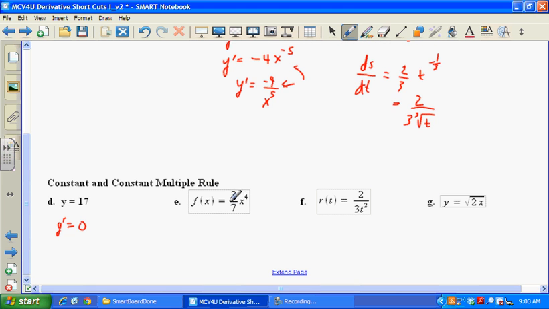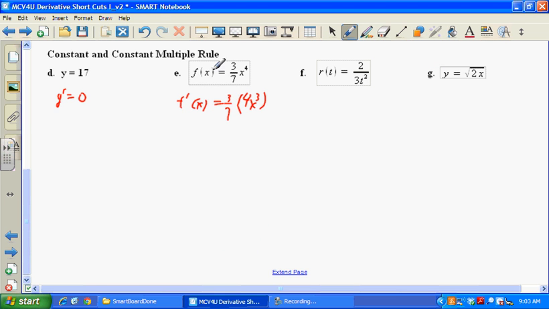Here, when I've got a constant out front, essentially what I can do is think of the constant hanging out front, then take the derivative of the x to the exponent 4. The 4 comes down, the exponent goes down by 1, and then I'm going to tidy up here, right? Well, I've got some fractions to work on. 12 over 7, x to the exponent 3, and that's f prime at x.